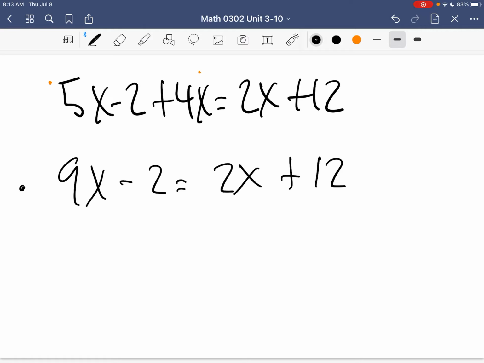Now at this point, what we need to do is choose for ourselves which side we want the variable to reside in. We want the variable x on either the left-hand side or the right-hand side of the equation. In this case, it's easier to leave x on the left-hand side.